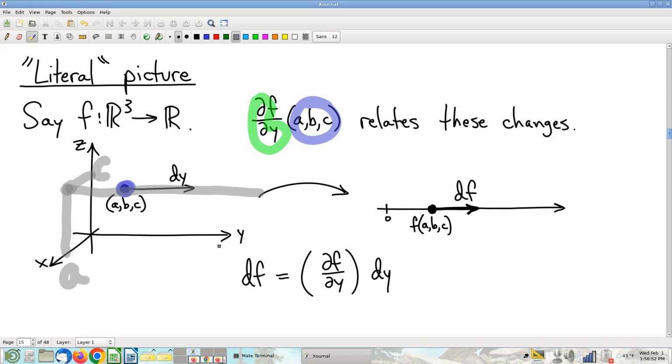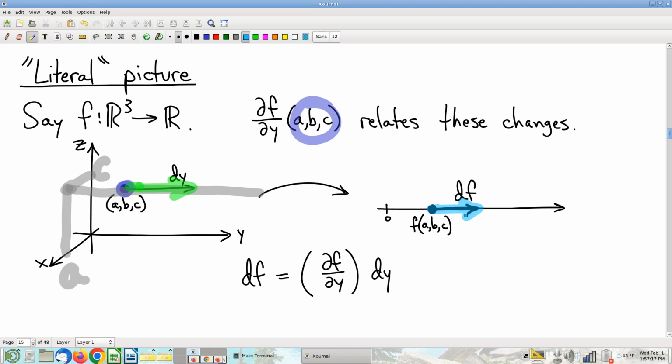And I can talk about, by the way, what would happen if I were to change my input as I move in that y direction by some amount, dy. Right? And we can talk about the differential output as I move in that direction by some amount. Well, then the output, we would estimate its change by some amount, differential amount df.